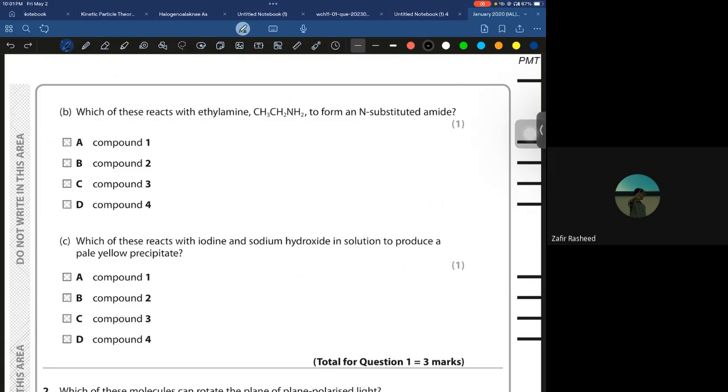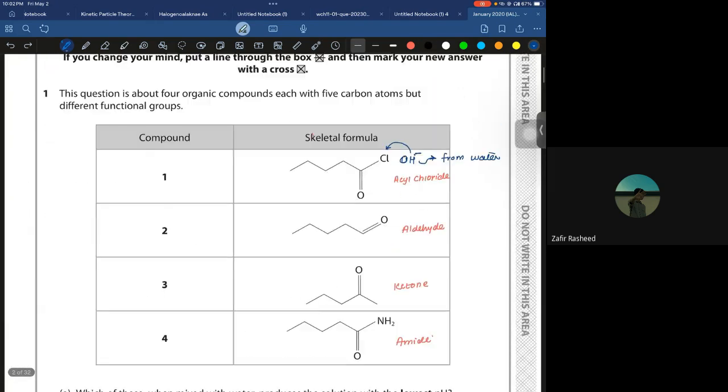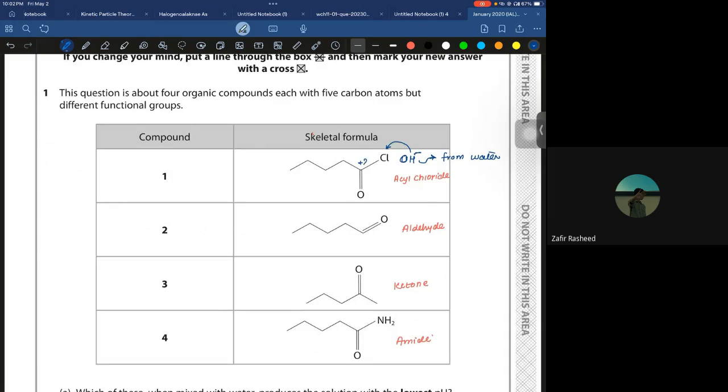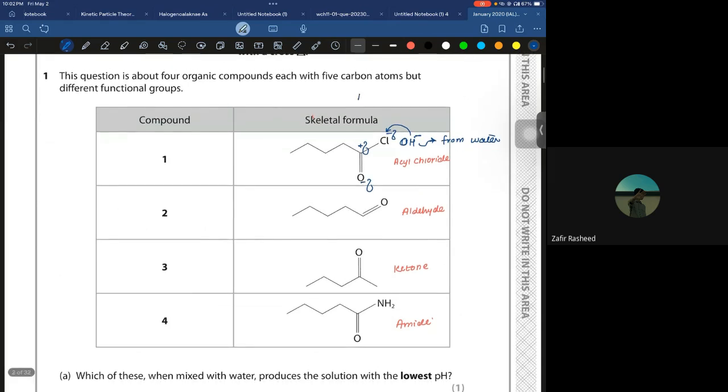And of course, only acyl chloride has a stronger partial positive charge on this carbon atom, with strong partial negative on the chlorine and oxygen. So the lone pair on this nitrogen can easily attack this positive center, that is carbon.